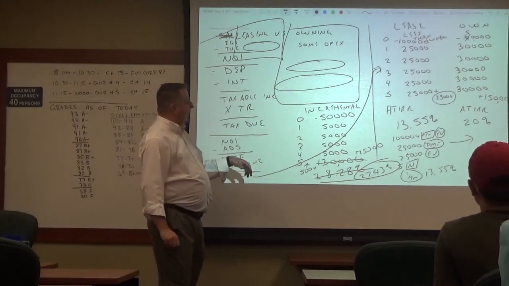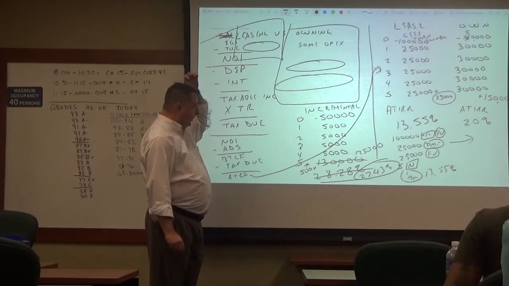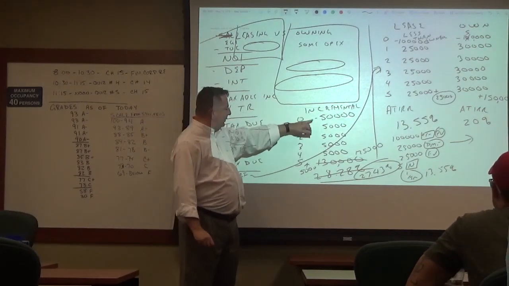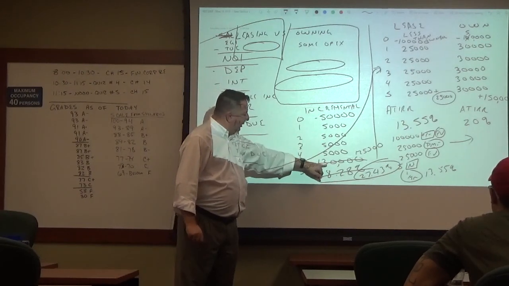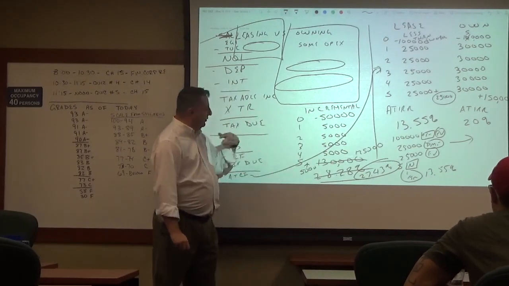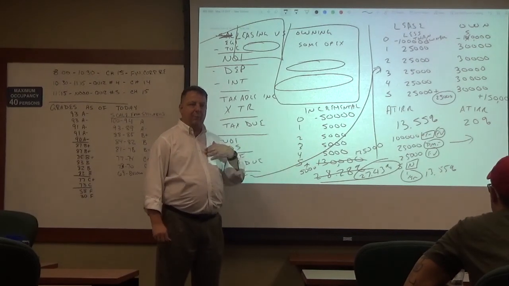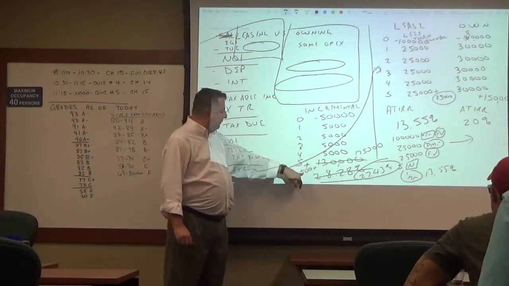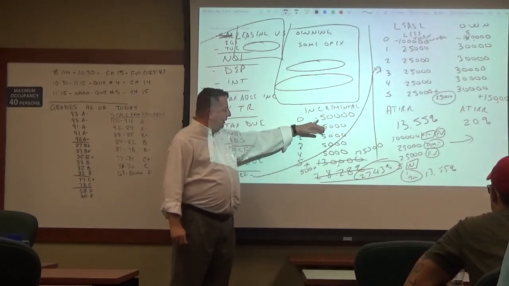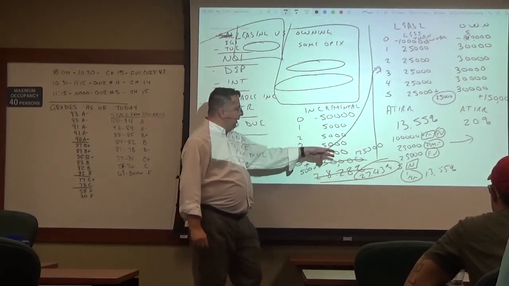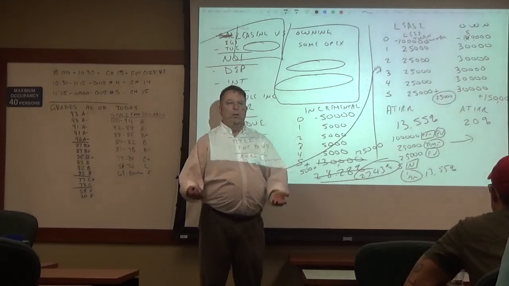I made a mistake because I was going too fast, not thinking about what I was doing. Here, the 130 is correct, but we really have to split it out if we're going to do it as a present value, future value, which is what I was doing on the calculator. So I should have put the 5,000 for 5 years, and then the 125,000 for the future value.